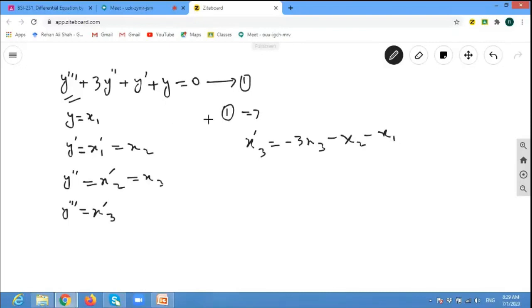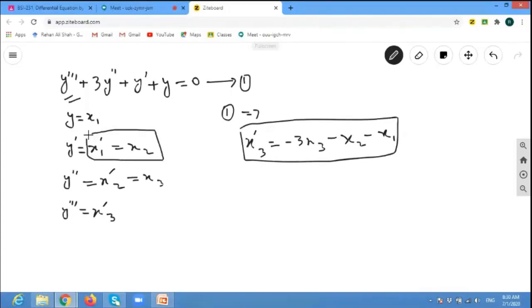So this is from equation 1, and these two derivatives, which we supposed, x1 dash equal to x2 and x2 dash equal to x3, are two more first order differential equations.